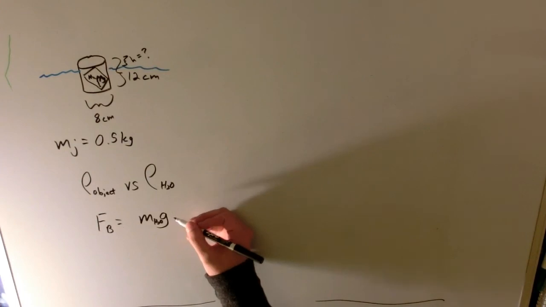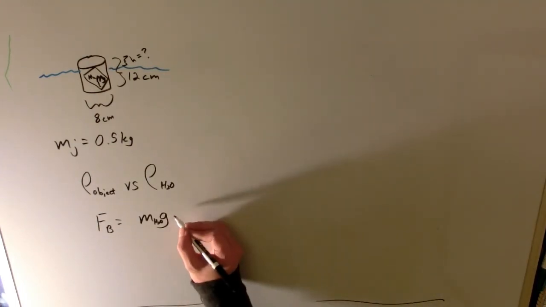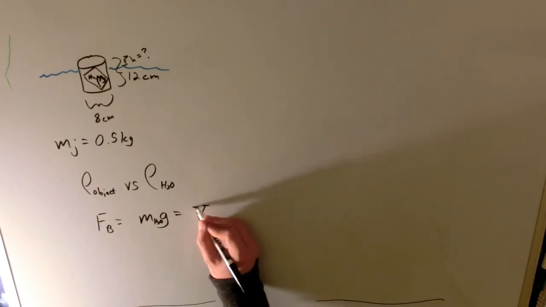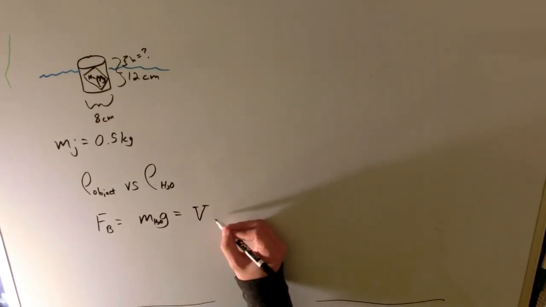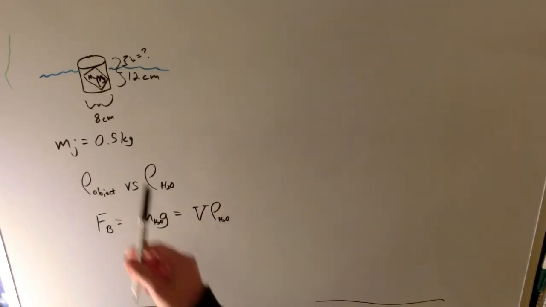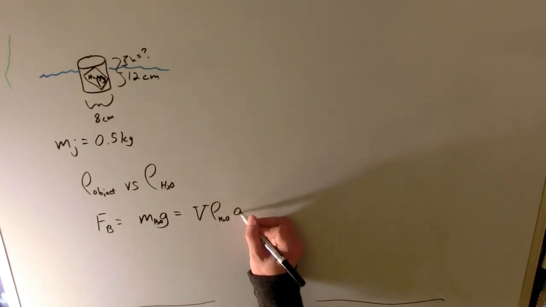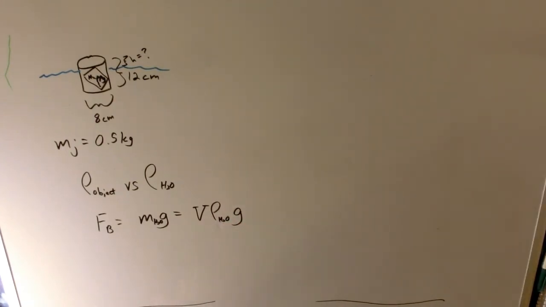Well, how are we going to find the mass of water that's displaced? Well, we know that mass is the same thing as volume times density. So if we can find the volume displaced, we know the density, and we know the acceleration due to gravity, then we can find out the mass of water that we've displaced.